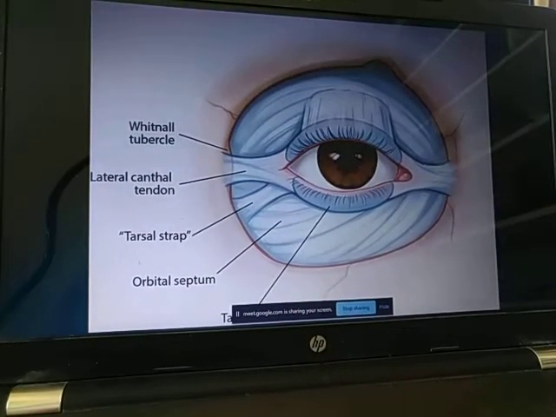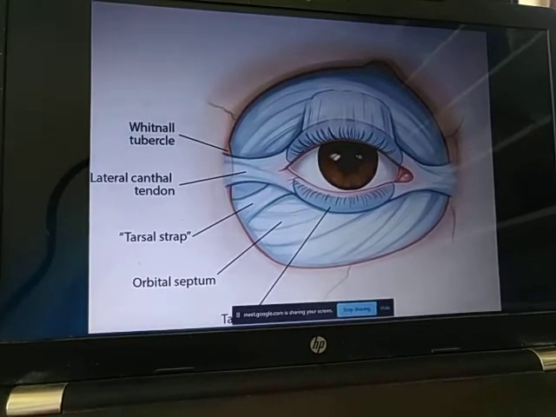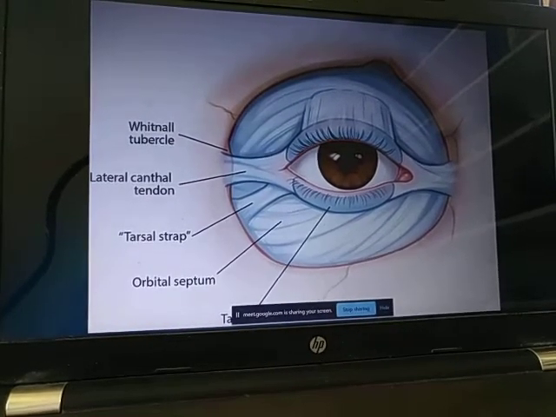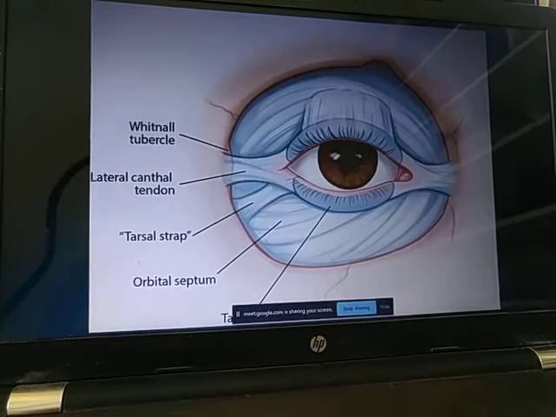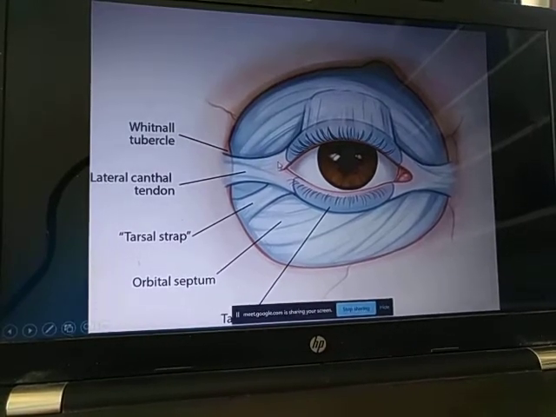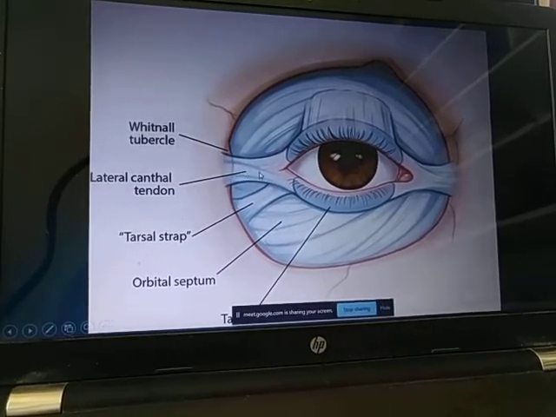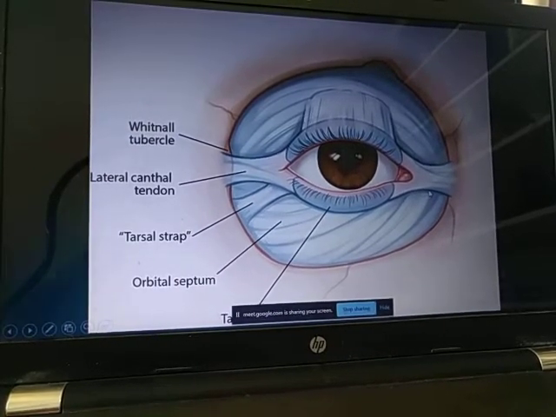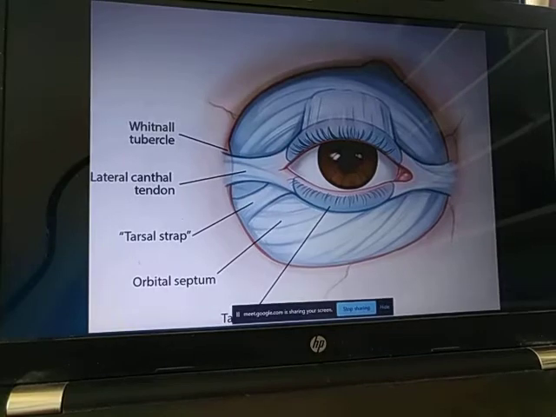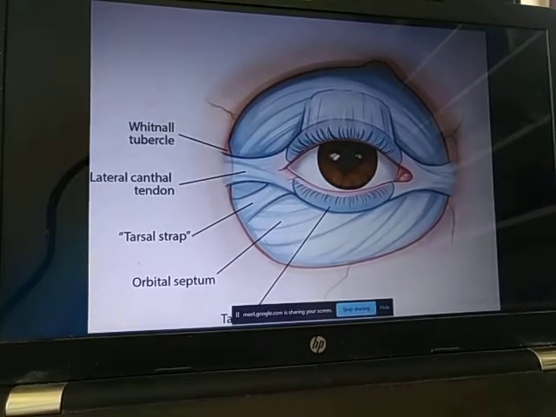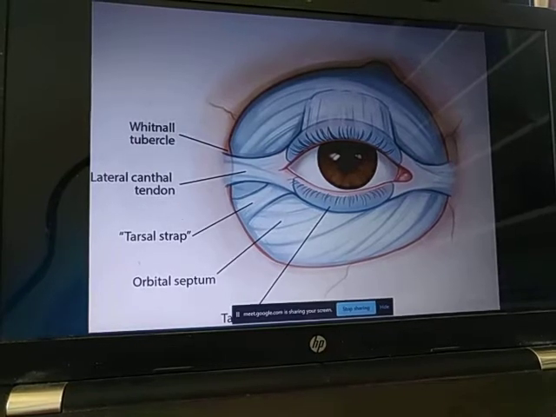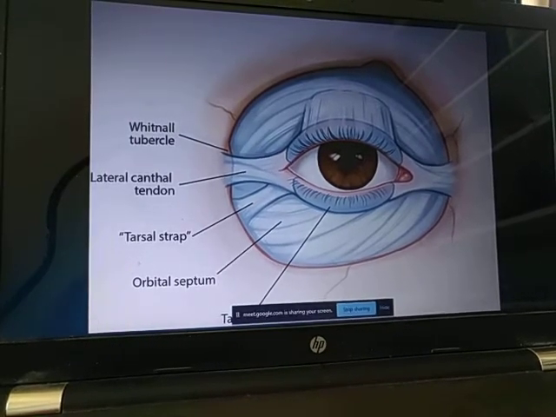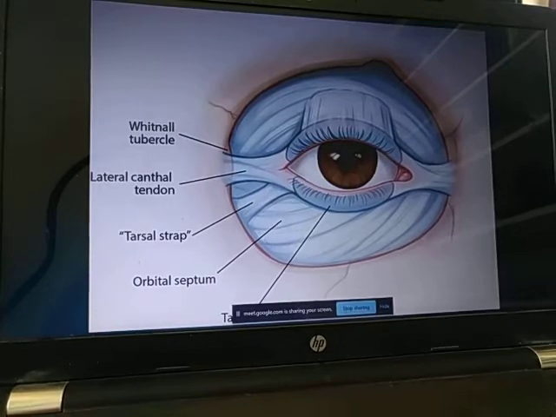So coming to the topic that I mentioned, lateral canthotomy and cantholysis, first we need to see what the canthal tendons are. We have the lateral canthal tendons and the medial canthal tendons. These actually help in keeping the eyeball in place and not shoot out of the orbital cavity. They hold the eyelid in place and keep the eye structures in shape.